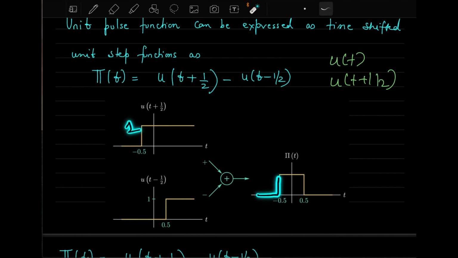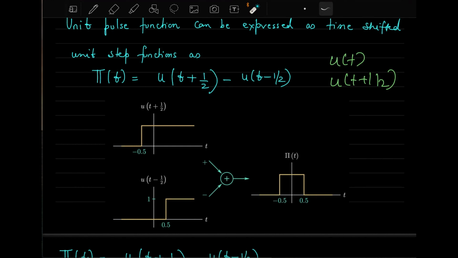After this, if you go up to this value, there is no value in the minus side, so you will again get this factor here, but after this its value becomes 0, because after this range this and this get subtracted out. So you can easily see that if you subtract these two, you will get this pulse function pi t. The value is given by this.